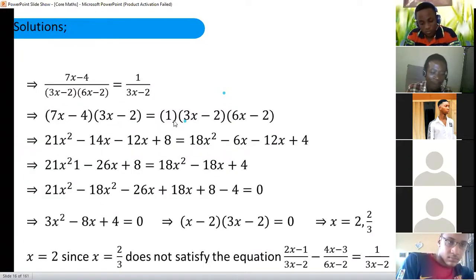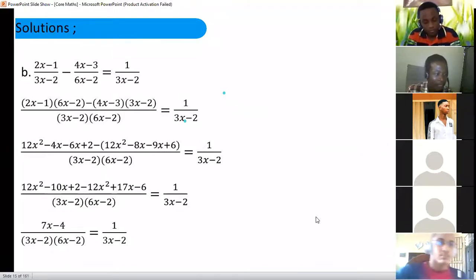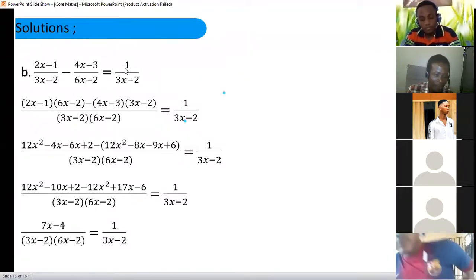When we verify with 2, you can check that 2 satisfies the equation at both sides. When we substitute 2 into the left hand side of the equation, it will give us the same value as when we substitute 2 for x into the right hand side.